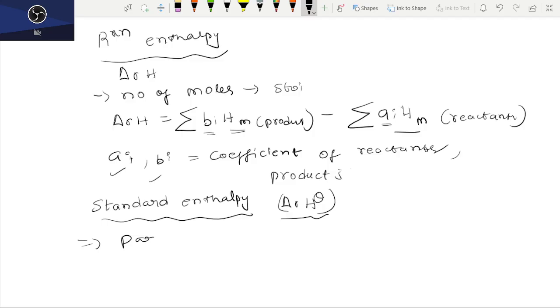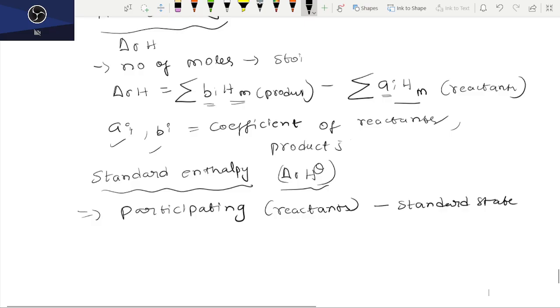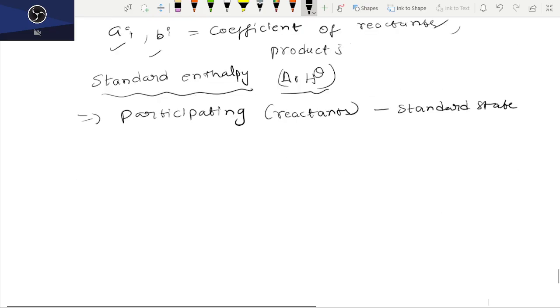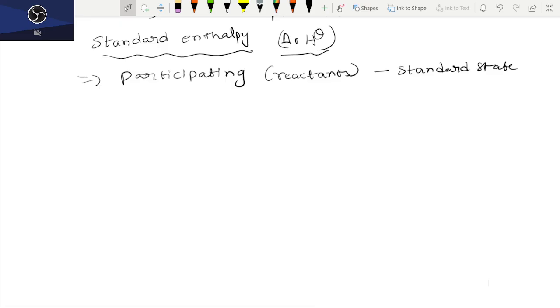All the reactants and products in a reaction are participating substances, in their standard state, which is known as a standard enthalpy. Standard in the sense it will not be changed, and it depends upon the reactants. That is the reason why it is called standard.